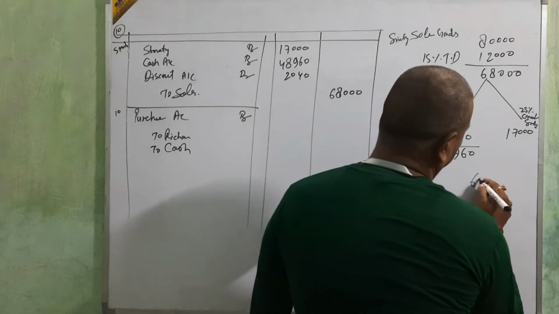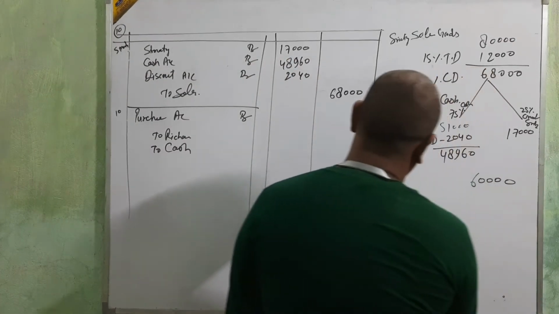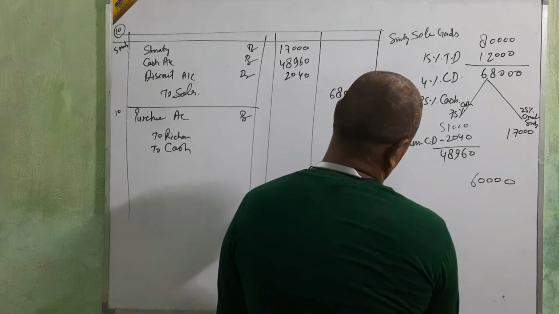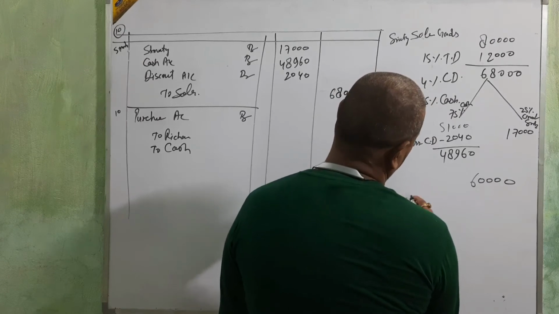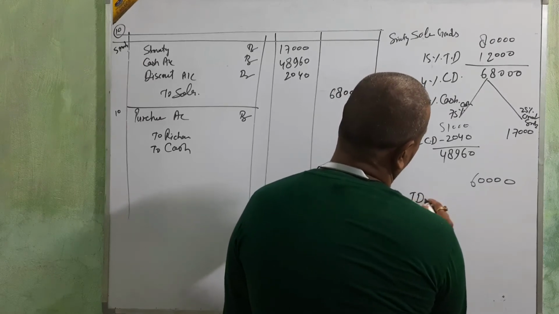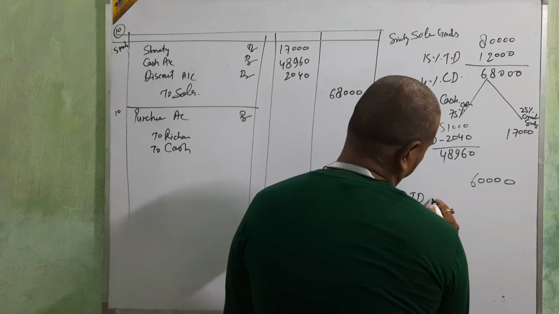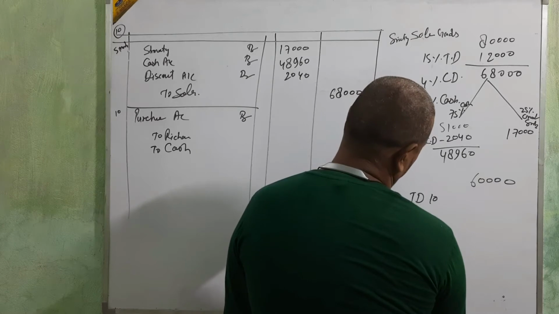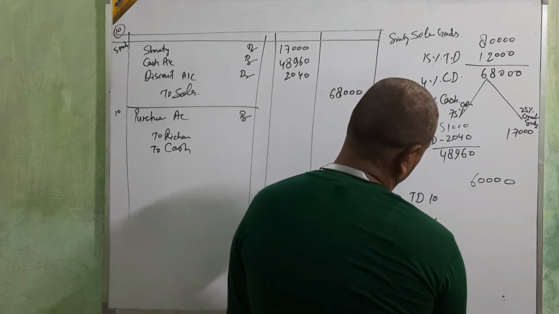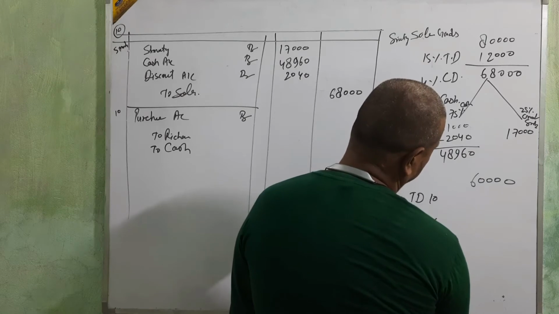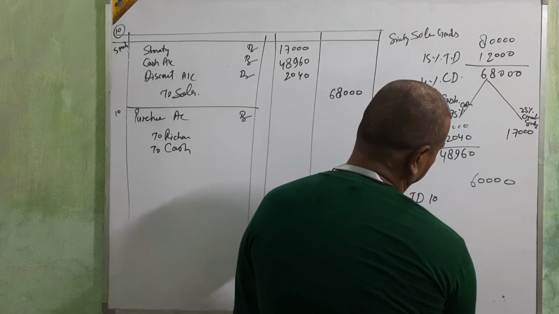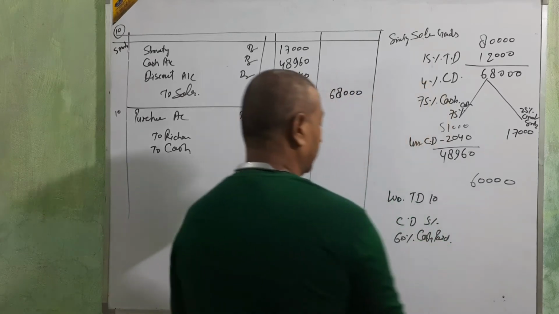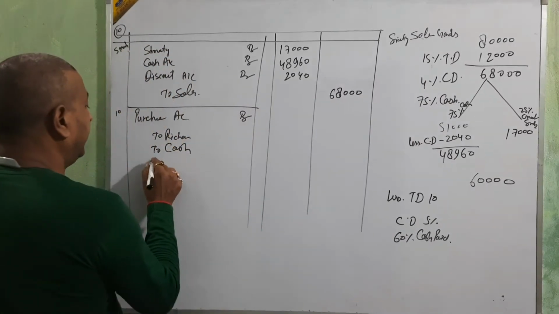Okay, write down again. 60,000 less trade discount 10%, and 5% cash discount, and 60% amount paid. 60% cash receipt are paid. Okay, it means cash and discount.